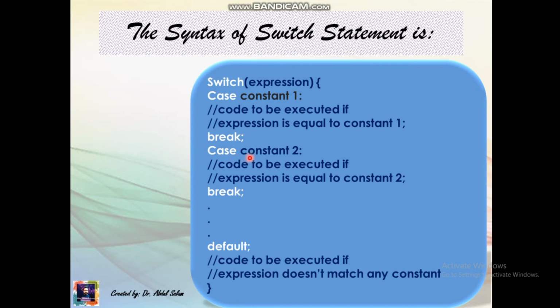Now you can see case constant 2, code to be executed if the expression is equal to case constant 2. Break, default, code to be executed if the expression doesn't match any constant. Now look at this.